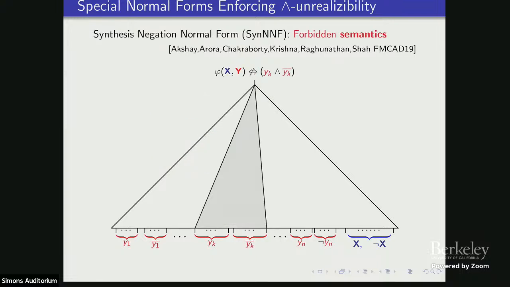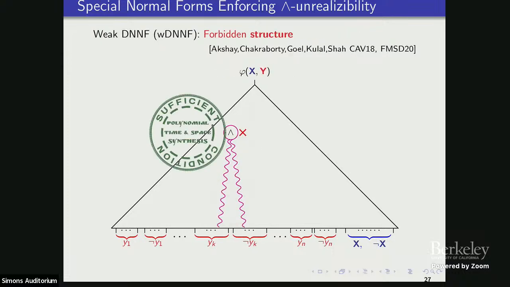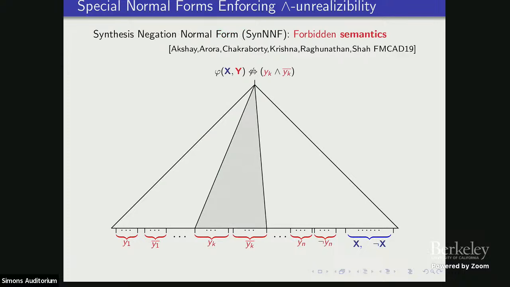And we can then generalize it even further by saying that let's look at the circuit, and maybe it's okay to have such AND gates inside the circuit, but at the root, can I realize yk and yk bar for every yk in the ordering of the outputs, right?